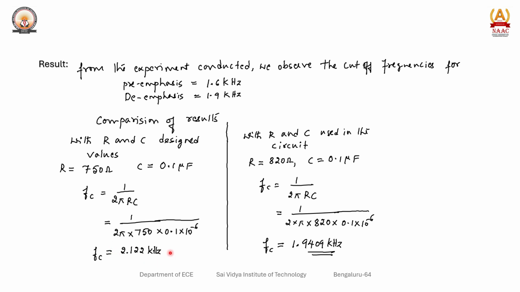That is with the standard values. Because we have used a resistance value near 820 ohm, on substituting the values of R and C we get a cutoff frequency of 1.9409 kilohertz, which approximately matches our results obtained.